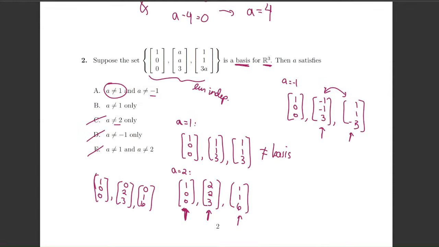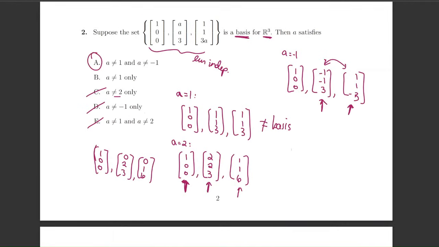So this is again not a linearly independent set, and that does not form a basis for R^3. So a cannot be -1 either. Both of these conditions are needed for there to be a basis for R^3, so we know our answer choice is A.